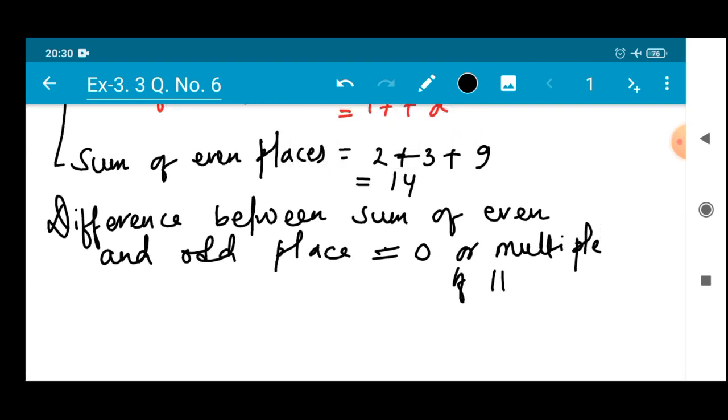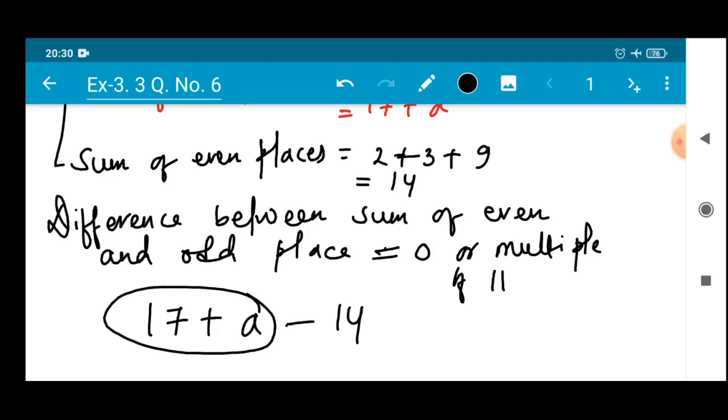So when we find the difference between the odd and the even, it is 17 plus a minus 14. This is the sum of the odd places and this is the sum of the even places. And why is the minus sign there? Because we are finding the difference. Difference means subtraction, and the result should be 0 or a multiple of 11. So first of all we will try with 0.